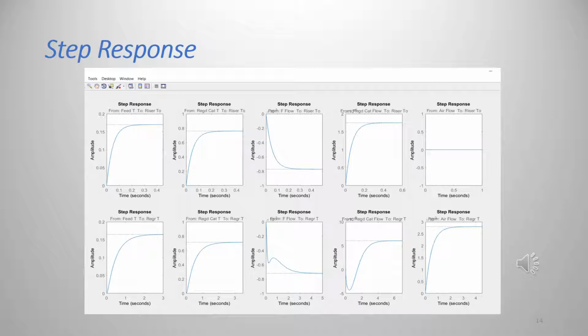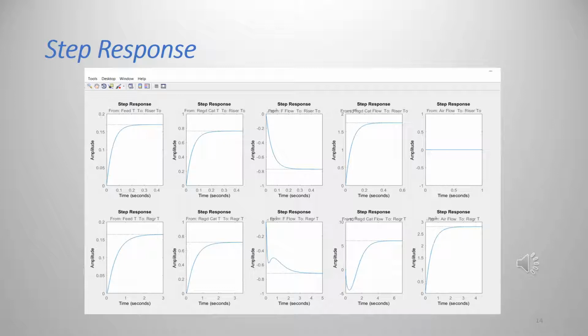The only thing which is interesting here is an inverse response, which is seen in the diagram in the second row and the fourth column, which is between the input of catalyst flow rate and the output of regenerator temperature.